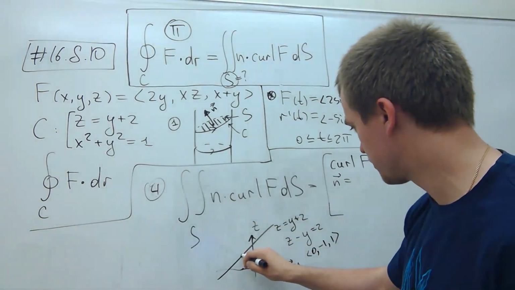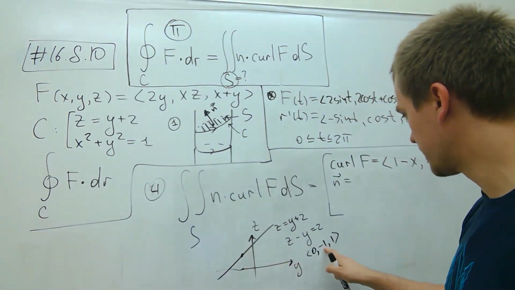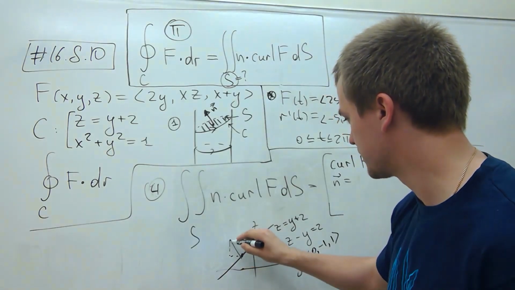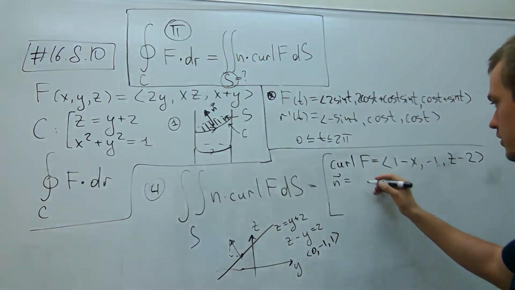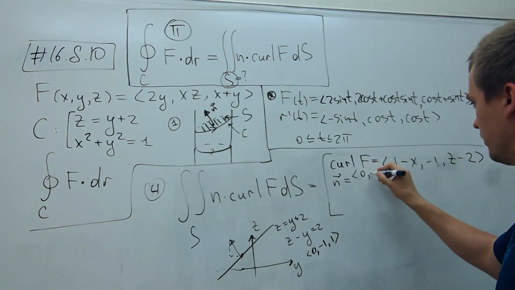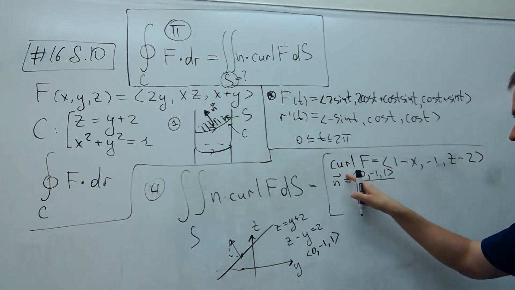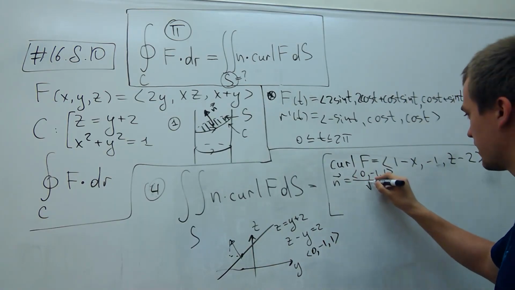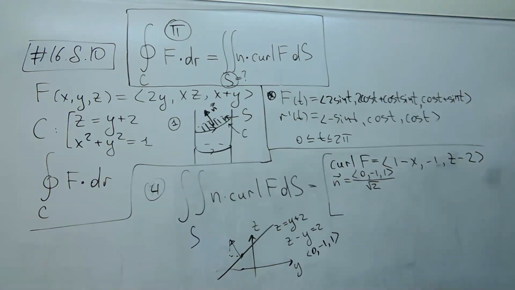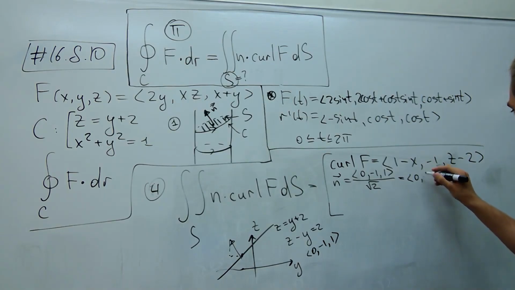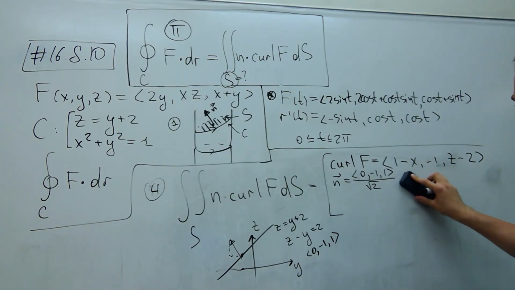If I am at this point, I need to go minus 1 in the y direction and plus 1 in the z direction. So I will have this vector. Okay, so this is my normal. So my normal is 0, minus 1, and 1. But I want this to be a unit normal, so I need to divide by the magnitude of this vector. So in this case, I will get square root of 2. So my unit normal vector is going to be just 0. No, let's just keep it this way.